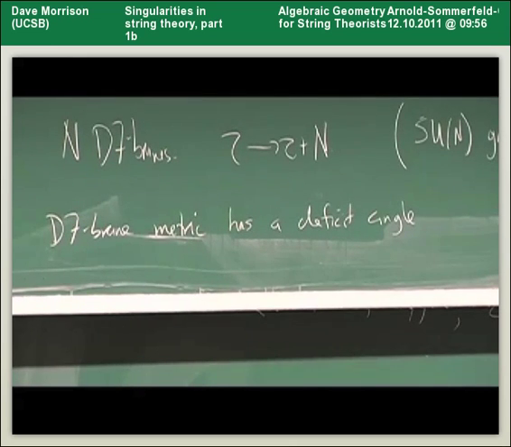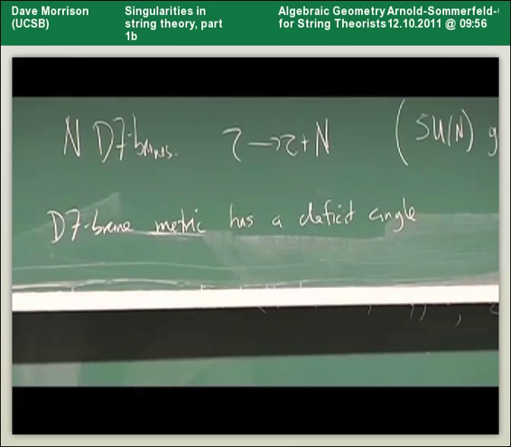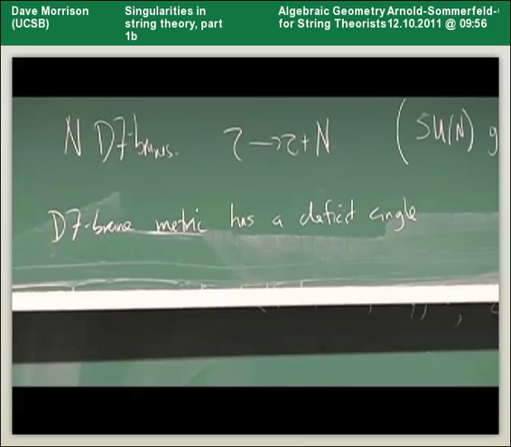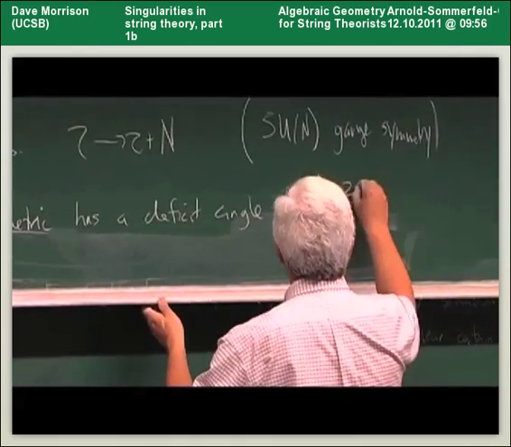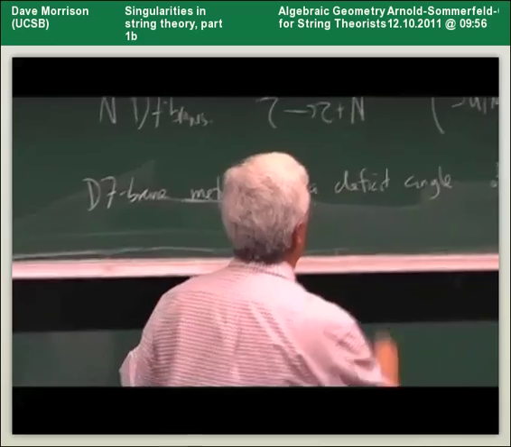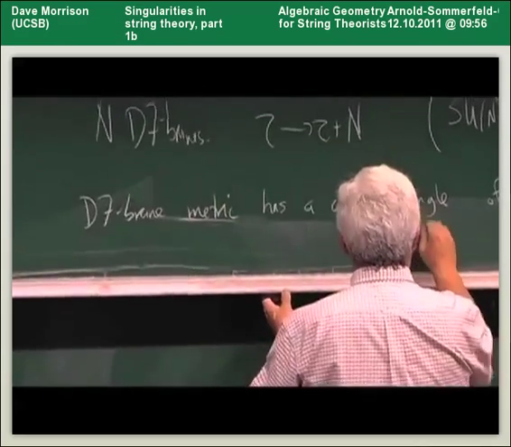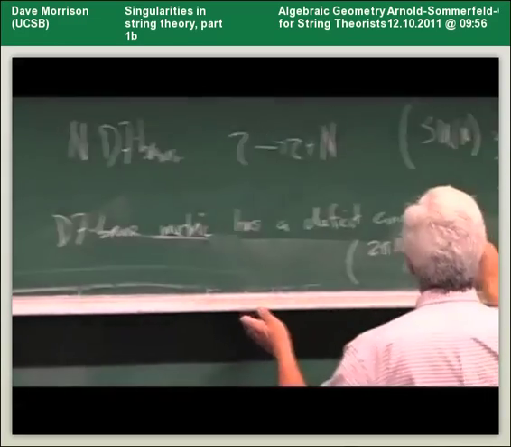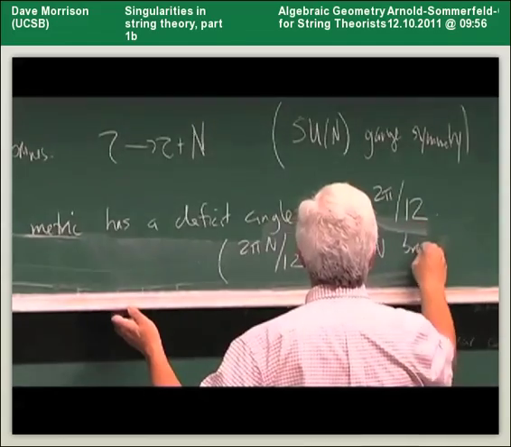Together with the corresponding p-form field, there are some real constraints on the thing. I'm not going to write out the whole solution, but it has a deficit angle of precisely 2 pi over 12 for a single D brane. And I guess I would get 2 pi n over 12 for n branes stacked together.